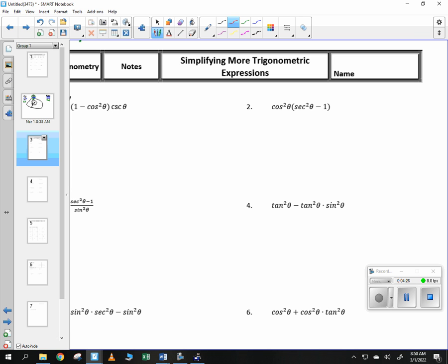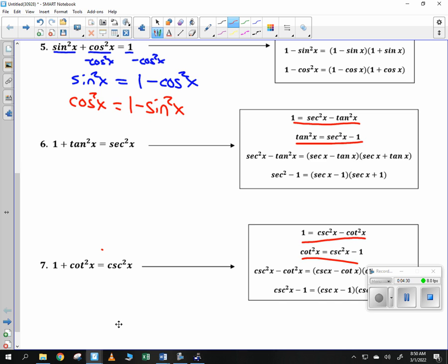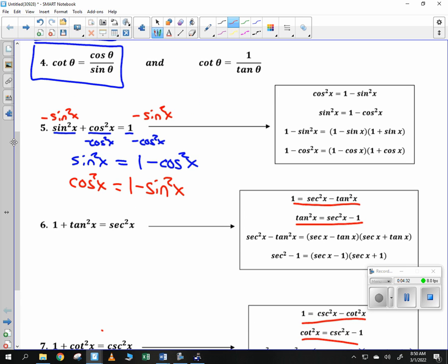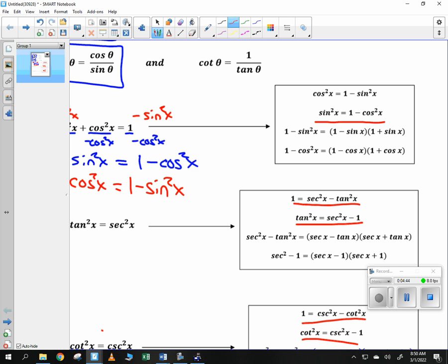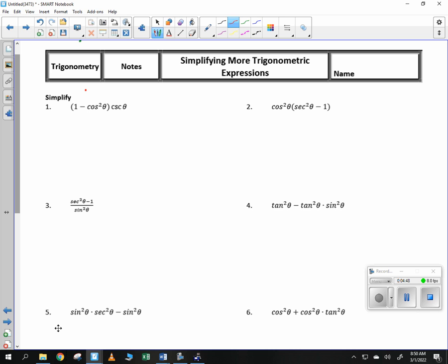Let's look at our sheet. 1 minus cosine squared. Can anybody find it? Sine squared. So instead of writing 1 minus cosine squared, we're going to put sine squared in its place. So this becomes sine squared of theta.